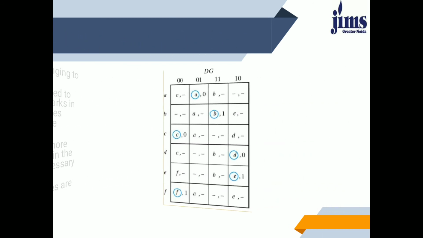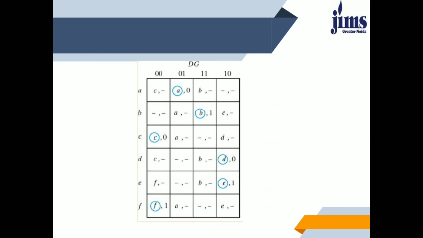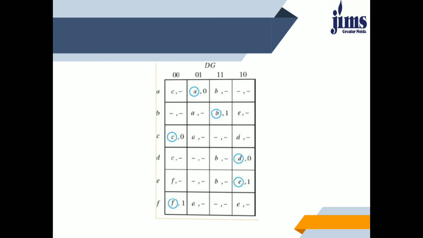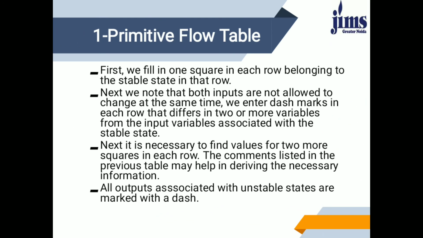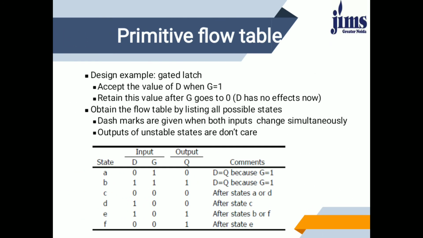Now see, this is our primitive flow table. Here, if state A is there and the DG inputs are 0, 0, it will jump to state C, with dash output. I am considering the condition of state A. If it is at state A and 0, 0 comes, which state will it jump to?